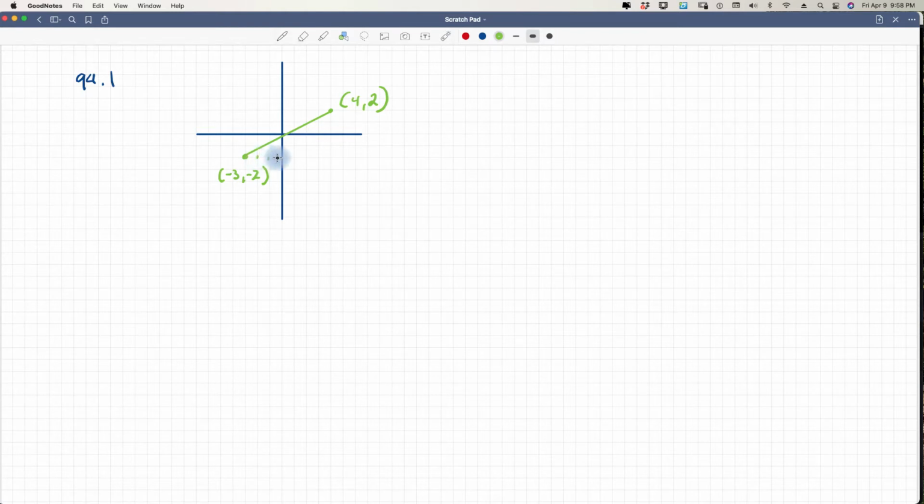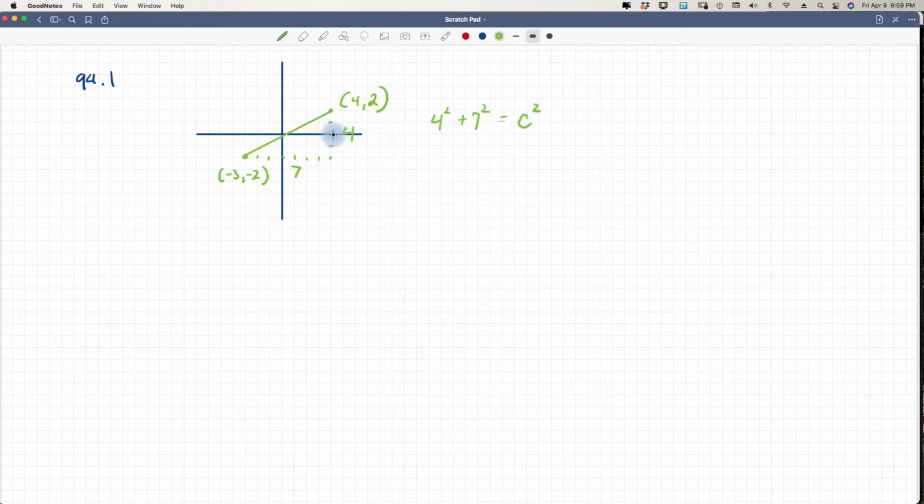So 1, 2, 3, 4, 5, 6, 7. We have 7 units here, and 1, 2, 3, 4 units here. So we're going to drop these in as the lengths of our side. So 4 squared plus 7 squared equals c squared.